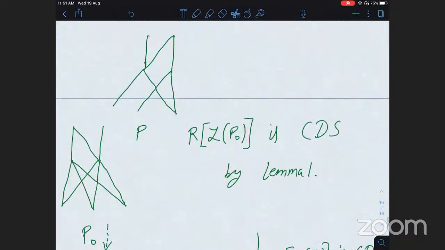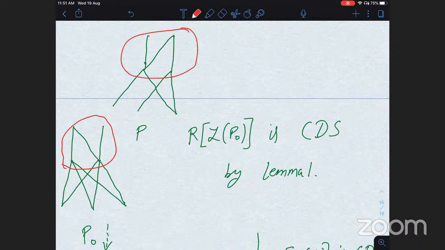From here onwards, P0 and P are the same, right? But between Q0, I mean between the minimal elements, and Q1, I have added all possible relations. That means every element here is above all the minimal elements, and this one is also above all the minimal elements.